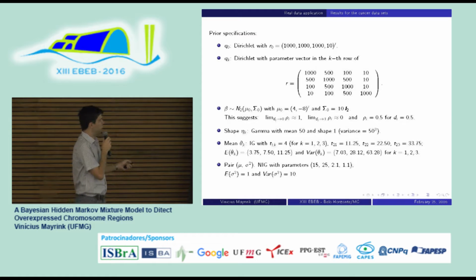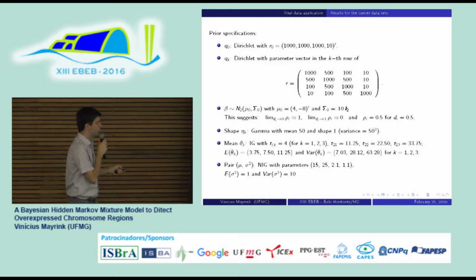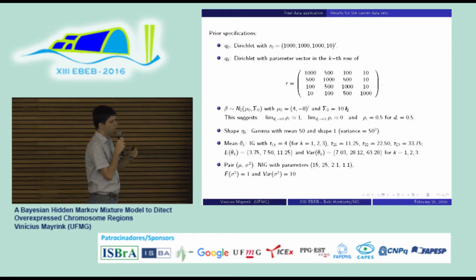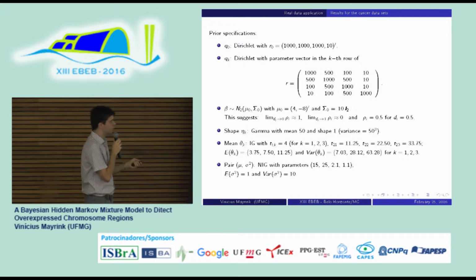For the prior distributions, we set this prior encouraging the model to set observations in the gamma components, making it hard to classify some position as in the normal component. For the transition probabilities for moving from one cluster to the other, if we have dependence, then we choose something like this.